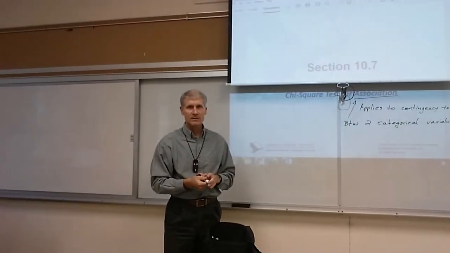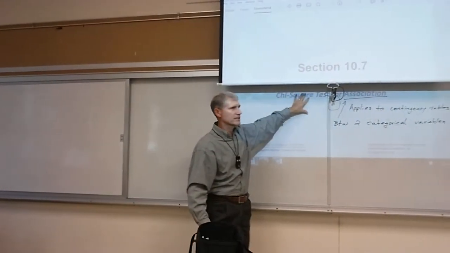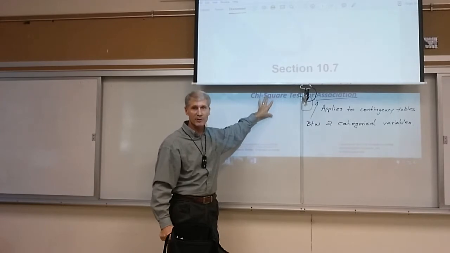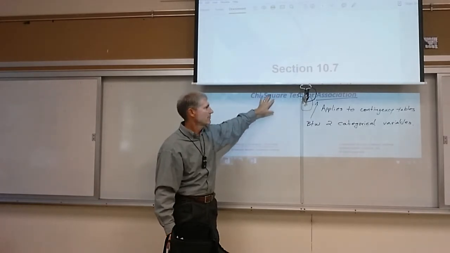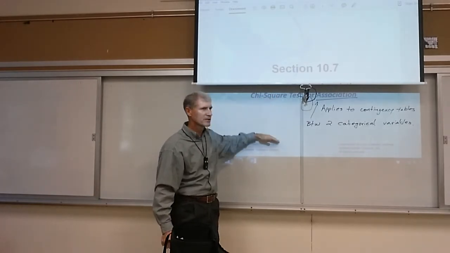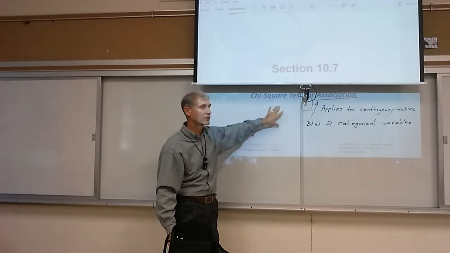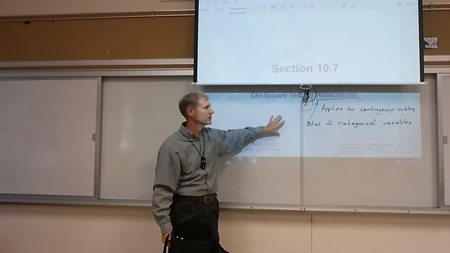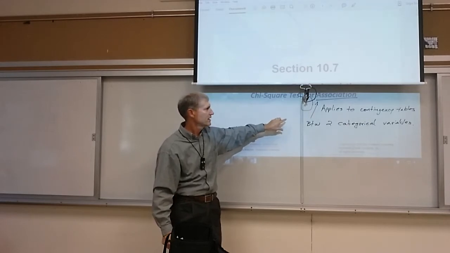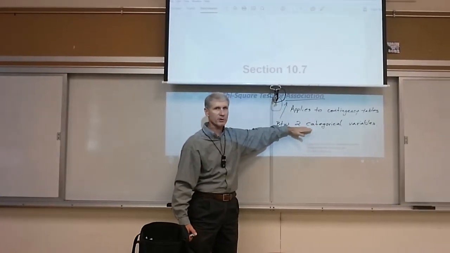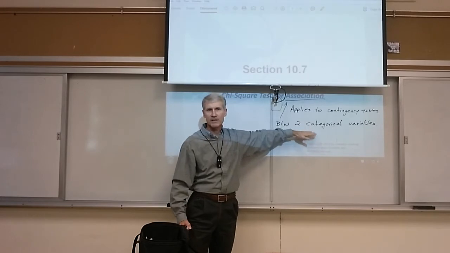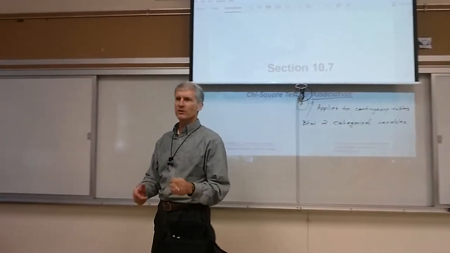Early in this slide presentation, which I will post on D2L for you, it'll have all of the formulas and the assumptions and the null hypotheses and all that kind of stuff. We'll go through the hypotheses right now, but we're going to do it in the context of a problem from your data. Can you think of 2 categorical variables you collected?